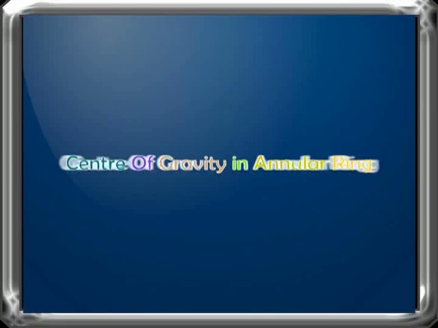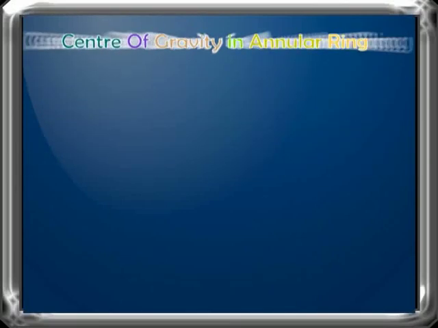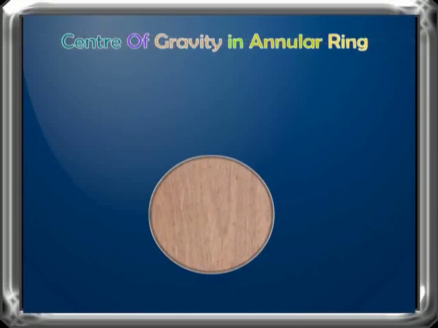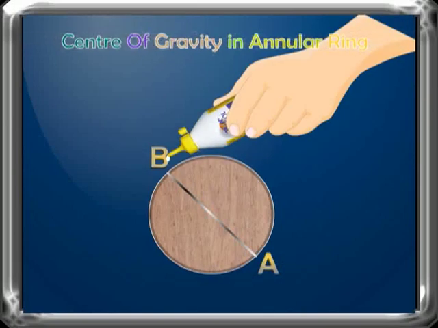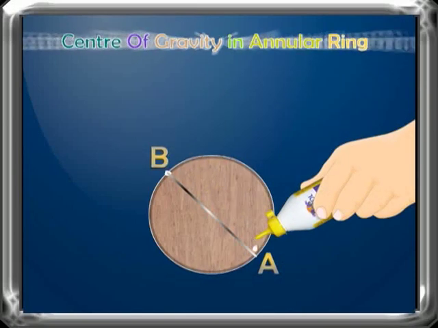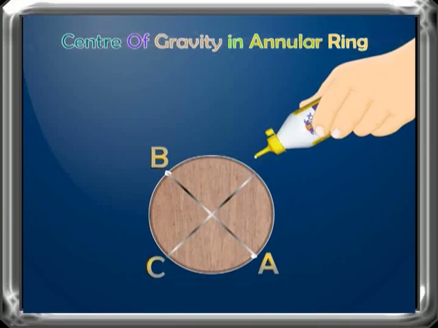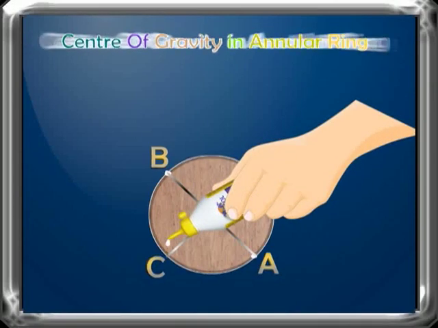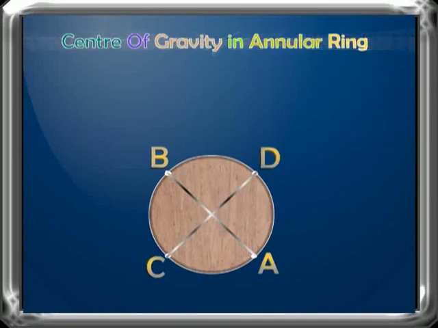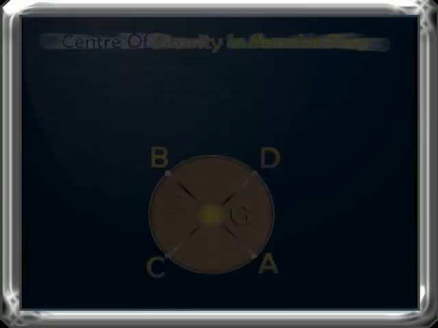To know center of gravity in a circular body, let's do a scientific experiment. Take a circle-shaped cardboard sheet. Put a thin wire on the circle and name its ends A and B. Fix the wire in that position to the ring with gum tape. Similarly, place another thin wire and name its ends C and D, and fix the wire in that position to the ring with gum tape. The wires AB and CD intersect at the center G of the circular lamina.